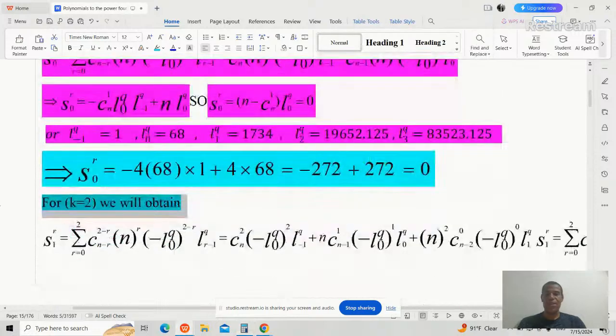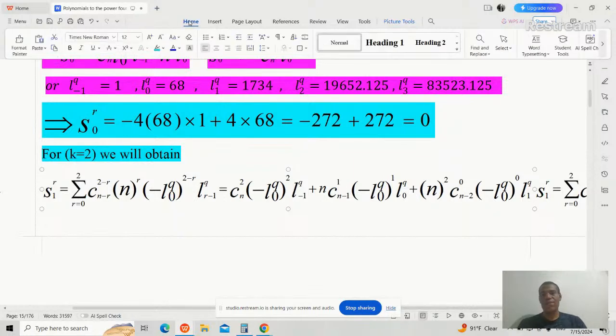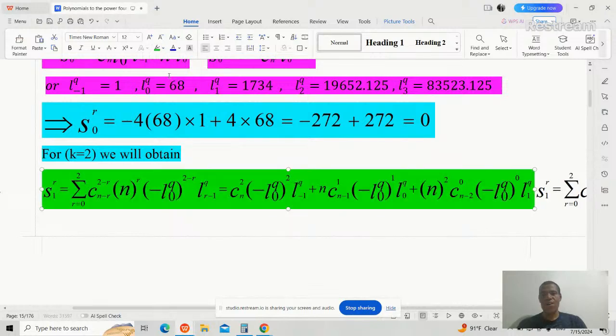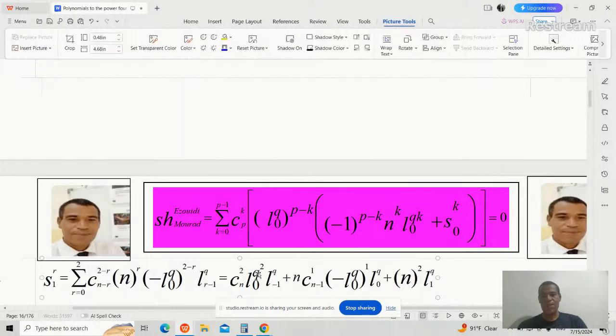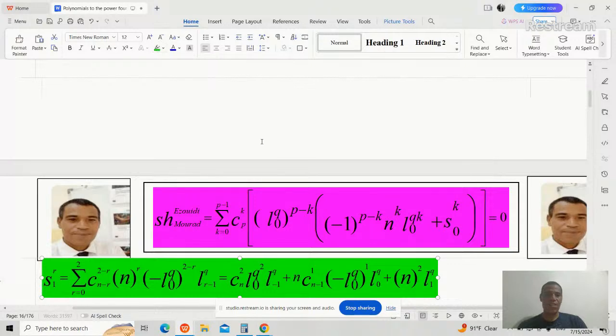Okay, we continue. Now, learners, we want to find the value of S1. It's clear for you, learners. If you want to find the value of S1, just set K equal to 2 in the discriminant formula of Mourad Sultan Ezouidi.